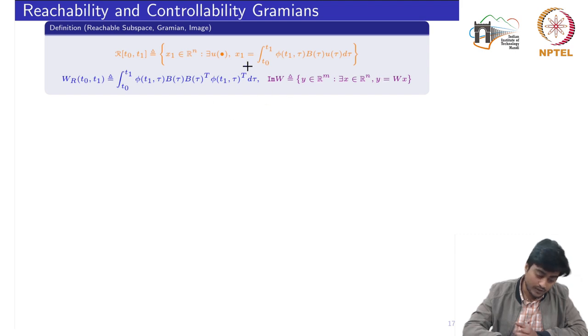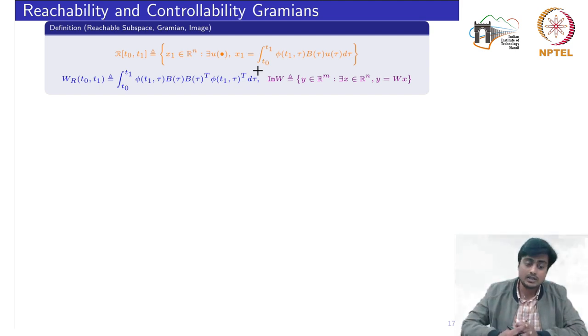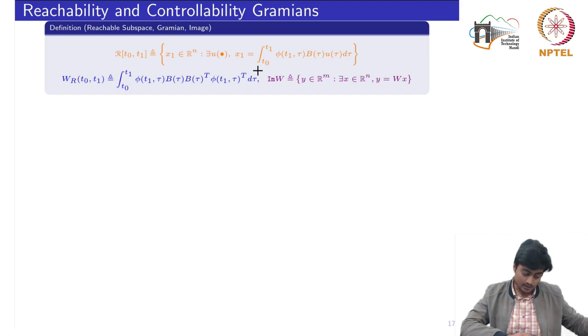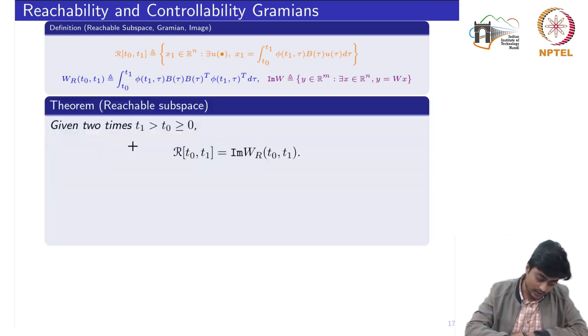Now we will set up a relationship between these three important terms so that we can compute the subspace in terms of the gramian. So the key result here is that given two times t1 greater than t0 greater than or equal to 0, the reachability subspace from t0 to t1 is equal to the image of the reachability gramian matrix.